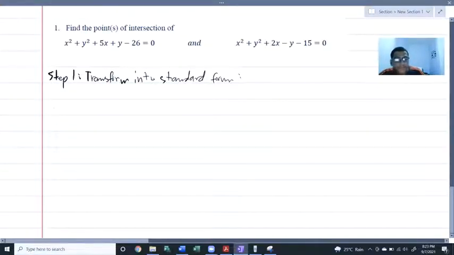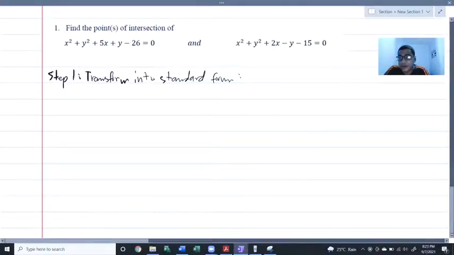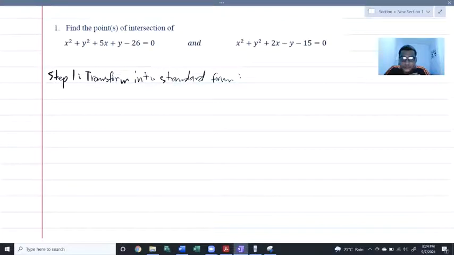Okay. Now, class, let me discuss this one. We can transform a general form of a circle into a standard form by simply completing the square. We have x squared plus 5x. So how can we complete the square? Well, it's very easy, class, from the perfect square trinomial. The quantity a plus b squared is equal to a squared plus 2ab plus b squared.